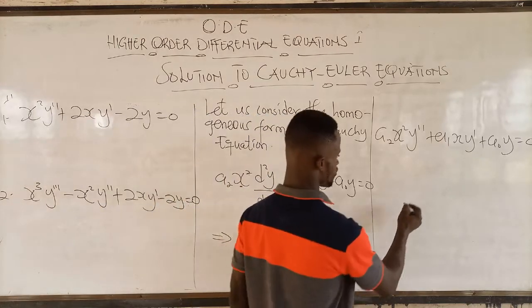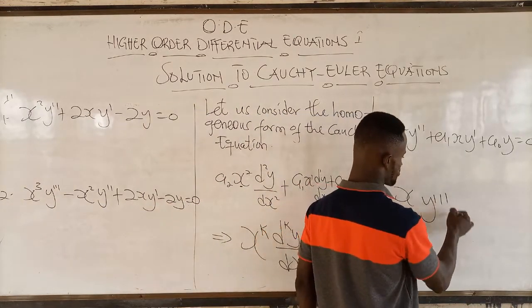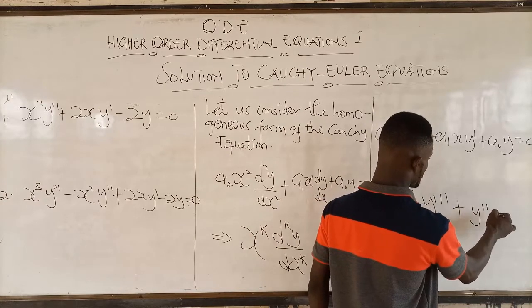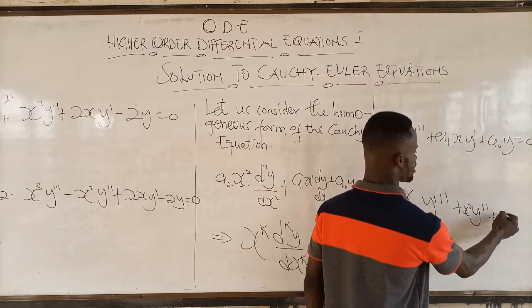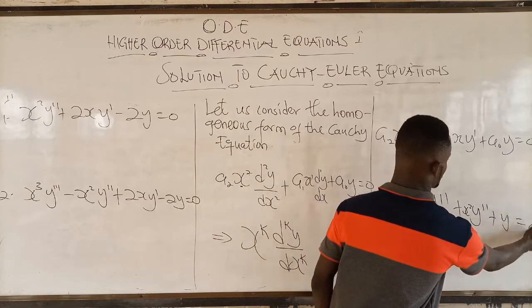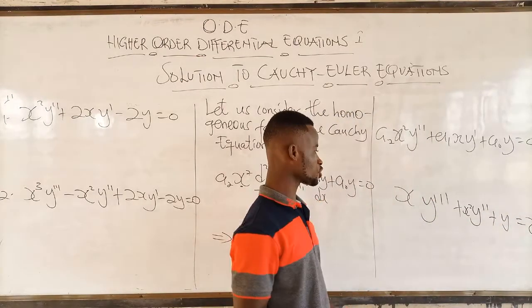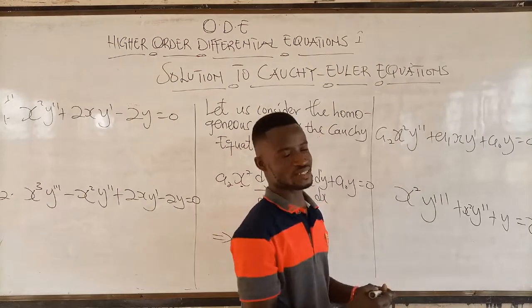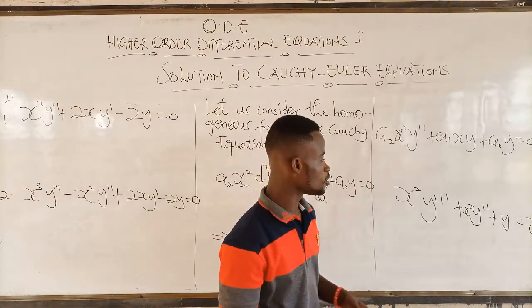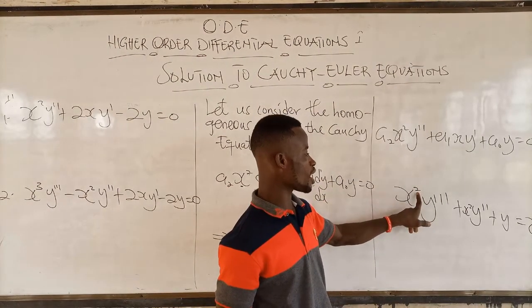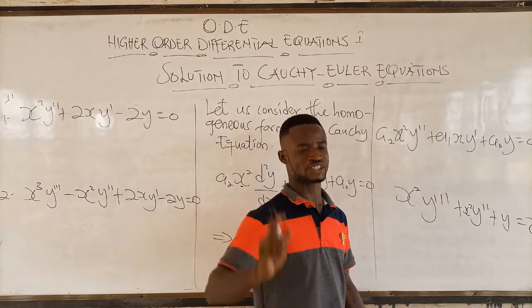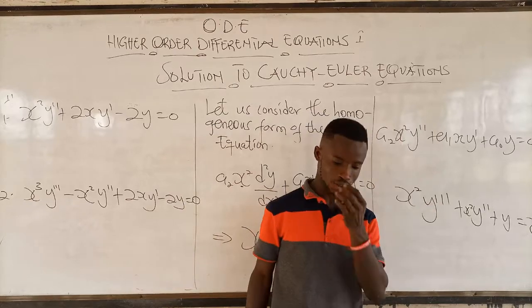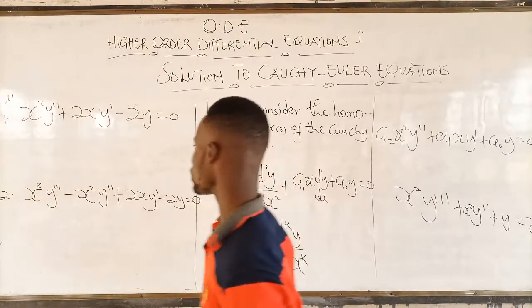For instance, if you have x y triple prime plus y double prime plus x squared y double prime plus y equal to 0, this is not a Cauchy-Euler equation. Even though this one is squared, the power here is not the same as the order here. Power 3, order 3 does not match. So this is not a Cauchy-Euler equation.